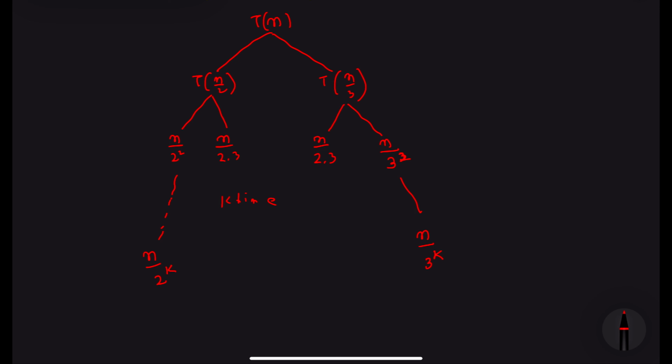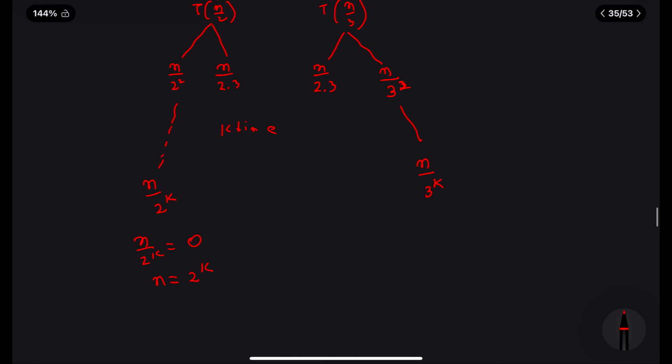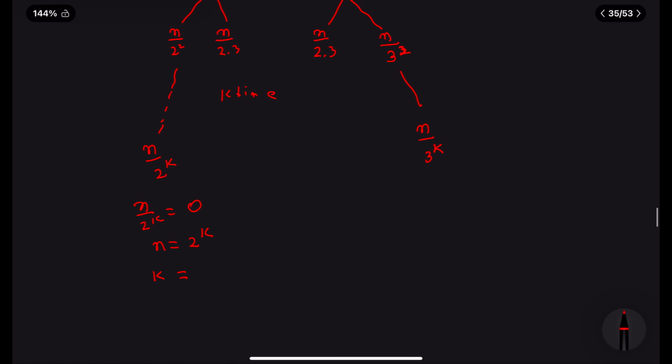So we say that at k times it will get terminated, and the value of n by 2 raised to the power k will become equal to 1. So we can find the value of k from here. n will equal 2 raised to the power k, and we take log on both sides, so it will become log n.